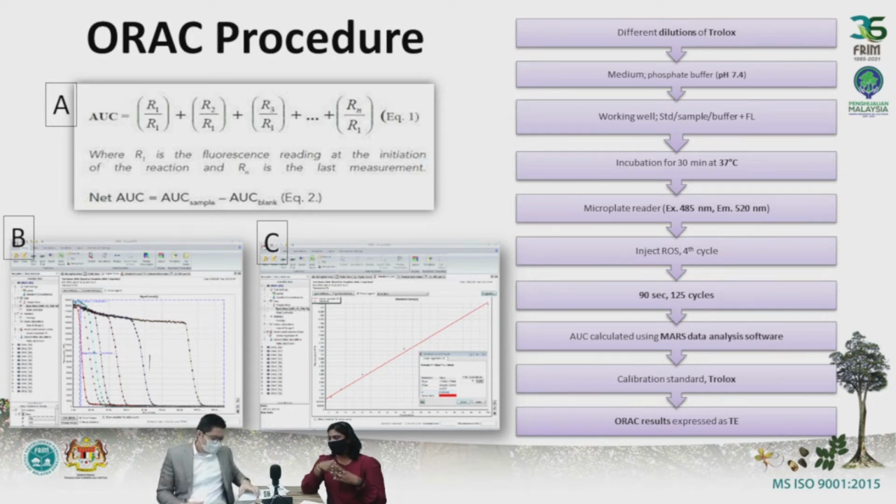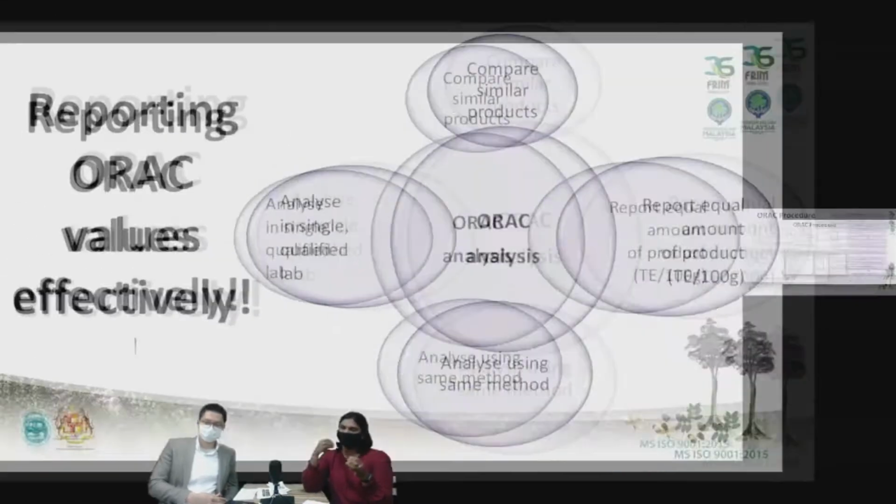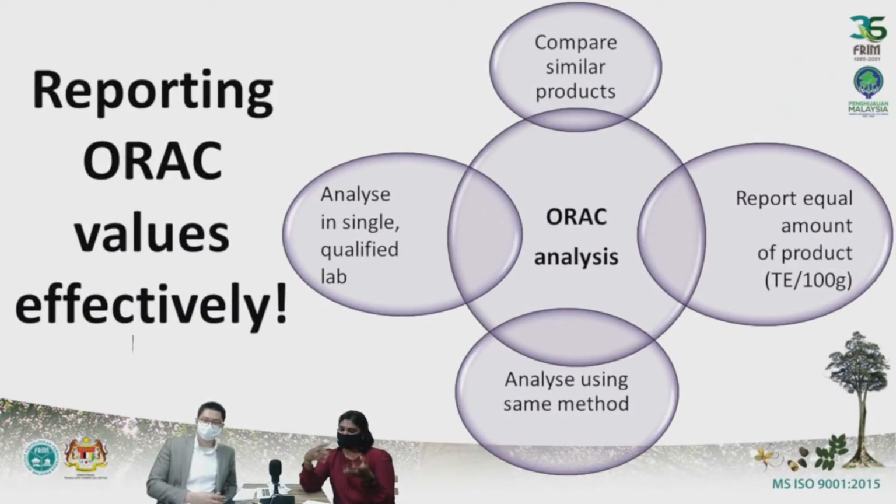Okay. Then my next question is, let's say we follow all this procedure and we get an ORAC value. The ORAC value by itself, without any context, won't have any meaning, right? Yes. So how do we report the ORAC value effectively? Okay, this is the most crucial part, I would say, and this is my humble request to people out there. Please make sure that the ORAC analysis is done to compare similar products.